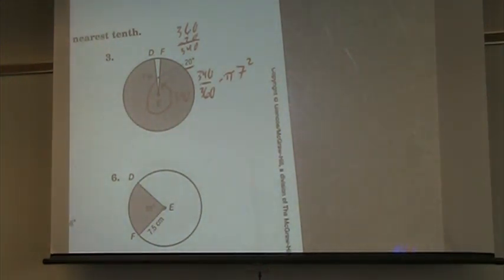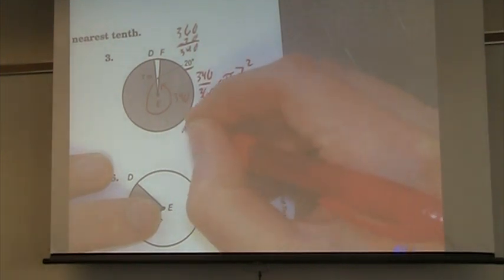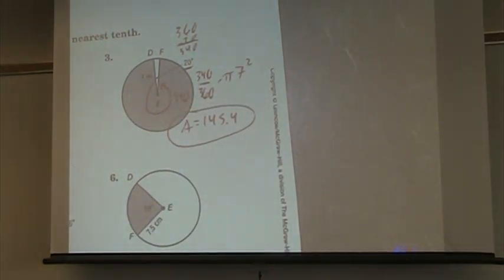And again, we're going to put this into our calculator. And we get 145.4. Here's my area. Boom. Done. That's it.